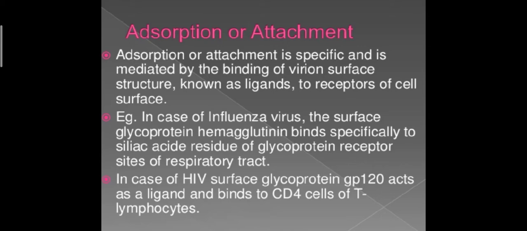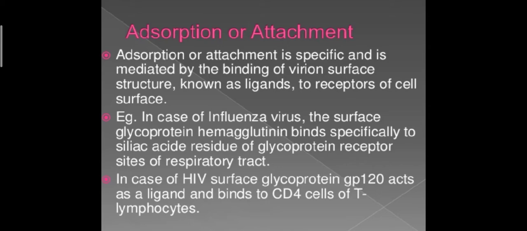So for example, in case of influenza virus, they have surface glycoproteins which bind specifically to sialic acid residues of glycoprotein receptors, causing complications to the respiratory system. For example, HIV surface has glycoprotein 120, which acts as a ligand and binds to the CD4 cells, cluster of differentiation 4 type cells of T lymphocytes.